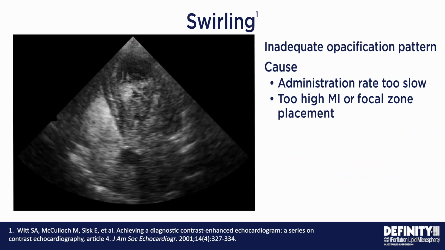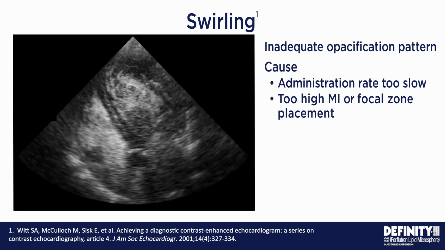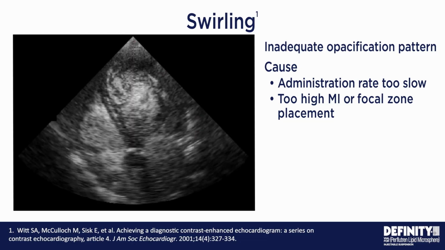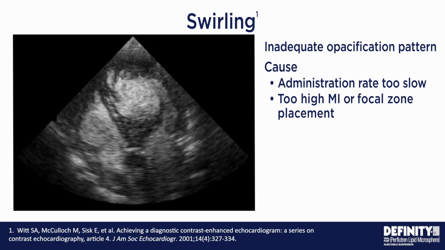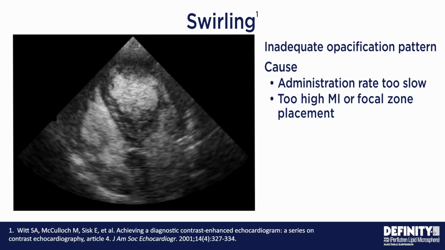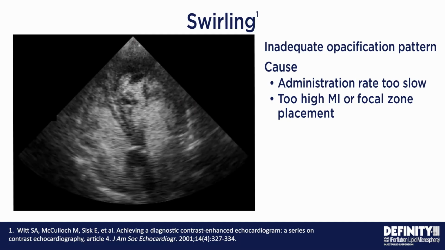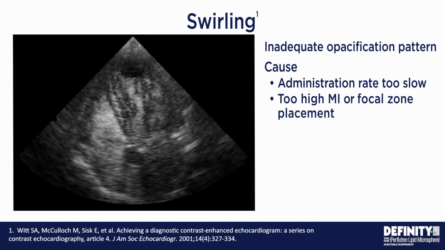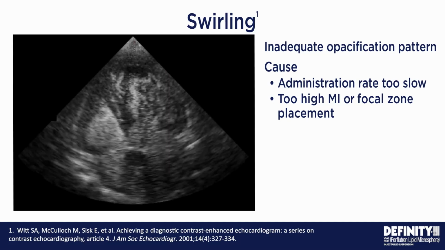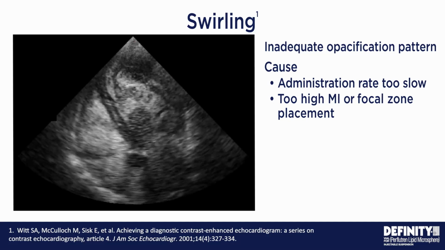When the administration rate is too slow or the ultrasound system settings are not properly adjusted, such as a high mechanical index or incorrect focal zone placement, an insufficient concentration of microbubbles causing an inadequate opacification pattern may occur. This is known as microbubble swirling.